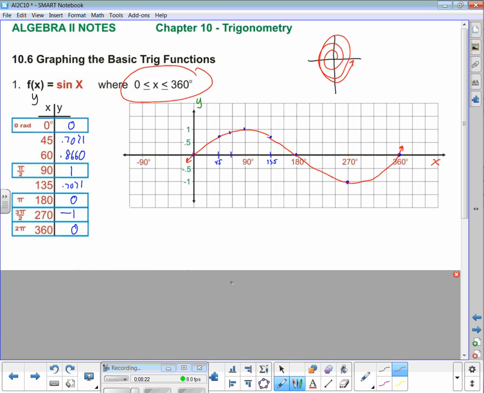Now that's a shape we should know and a shape we should learn. This is considered one wave. From 0 to 360 is one wave.